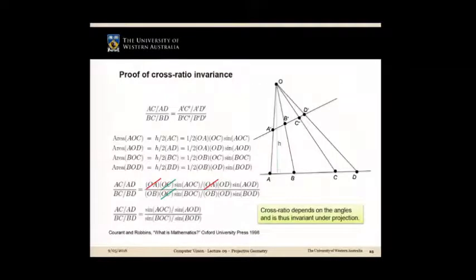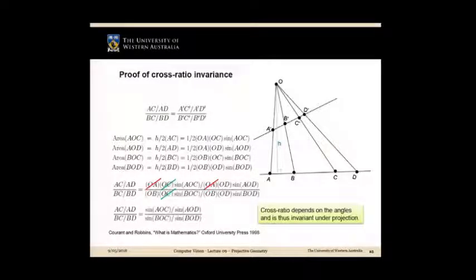So now we have said that cross ratio is invariant. Here is a small proof that supports this argument. Let's say you have 4 points on a line A, B, C, D, and then you have an image plane and you project these points on the image plane and you get A dash, B dash, C dash, D dash. This image plane could be anywhere.